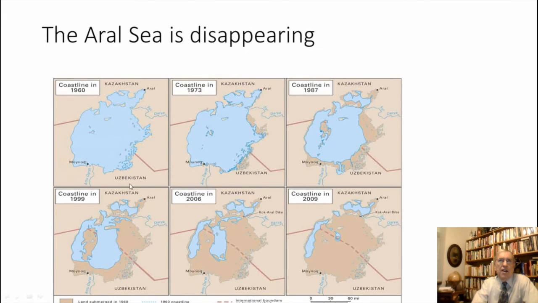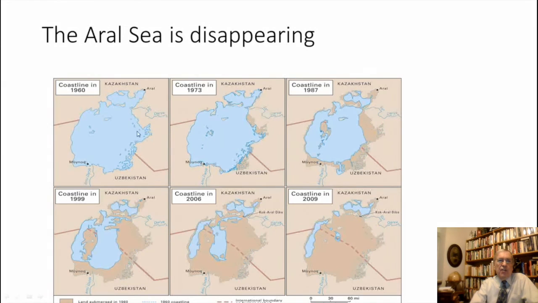Its area in square miles is about half the size of the state of Ohio. And now, that was in 1960. This water was diverted, particularly for use to grow cotton. In other words, they built a dam and they siphoned the water away, and they said, we're going to use this water for irrigation. Well, what happened to the lake?